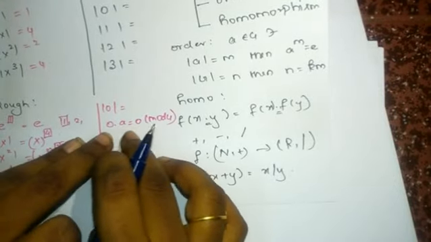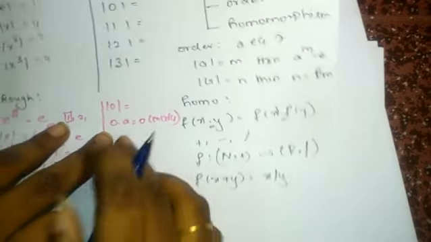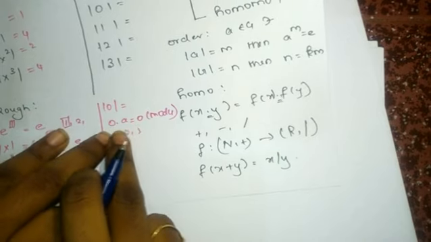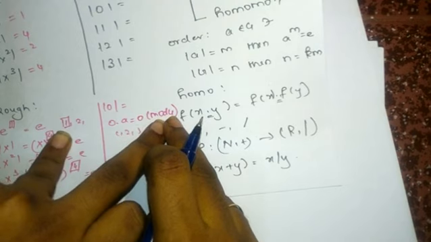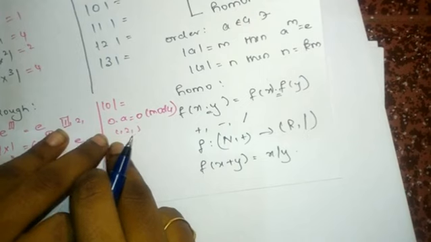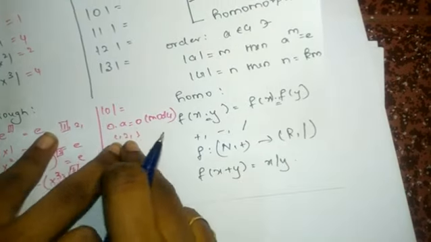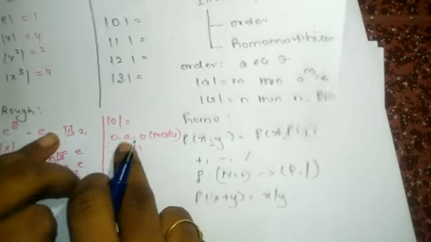If I get a result like this, then a is the order of 0. I can write a as 1, 2, 3, because anything multiplied with 0 and divided by anything gives remainder 0. That is 0 into 1 is 0, divided by 4 I get the remainder 0. 0 into 2 is 0, divided by 4 I get the remainder 0. So I take the least of it.